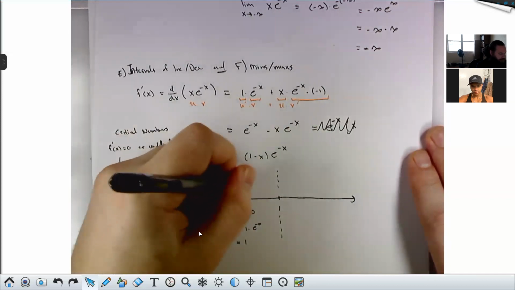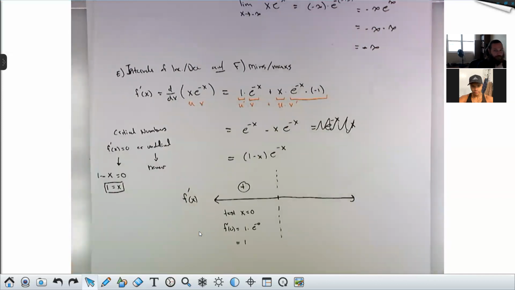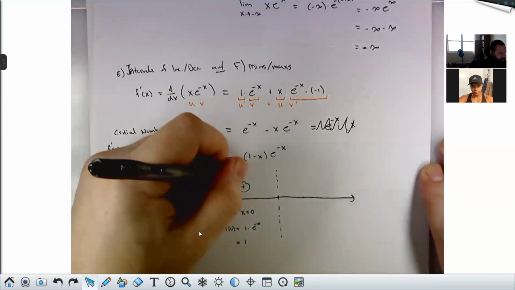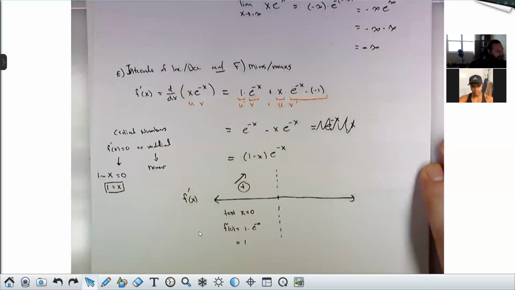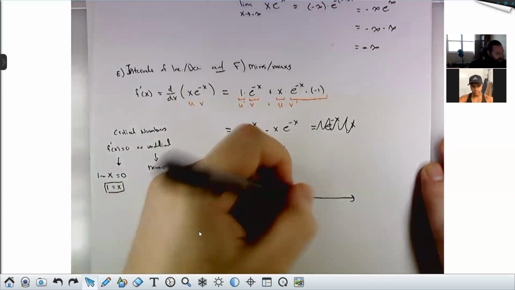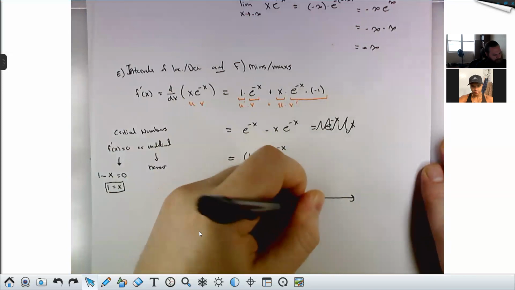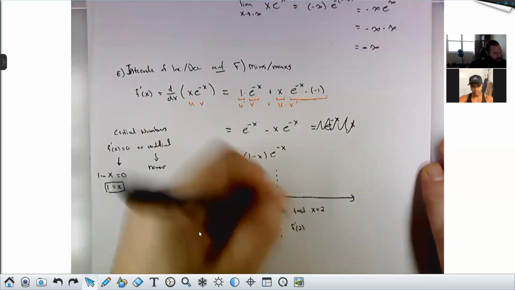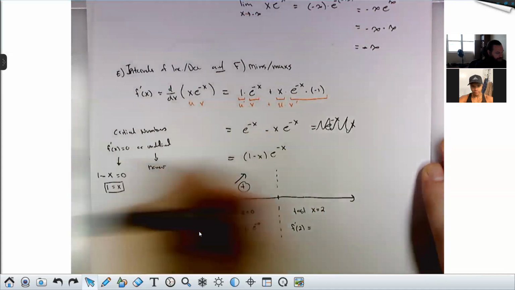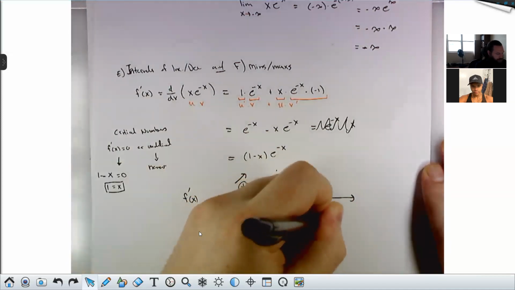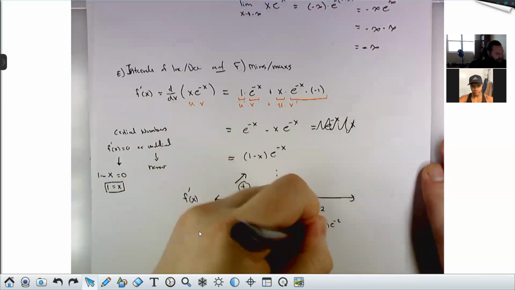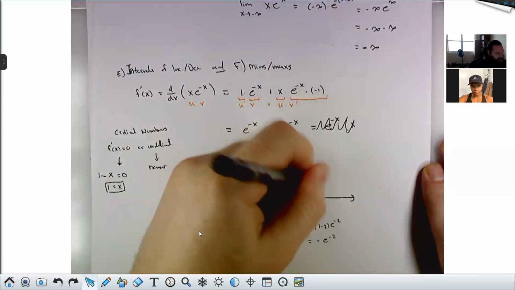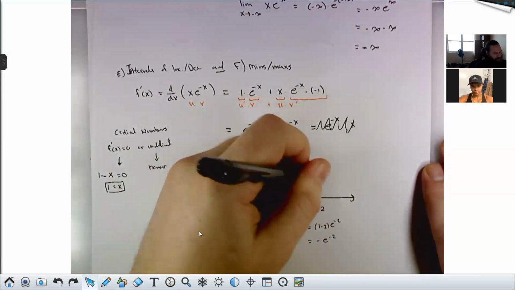In particular, this is positive. So f is increasing. And over here to the right of 1, I could test x equals 2. F primed of 2 would be 1 minus 2 times e to the negative 2, which is negative e to the negative 2, which is negative. So over here, f is decreasing.